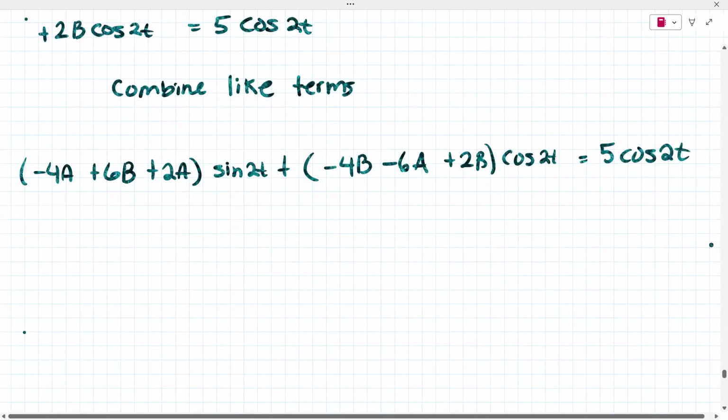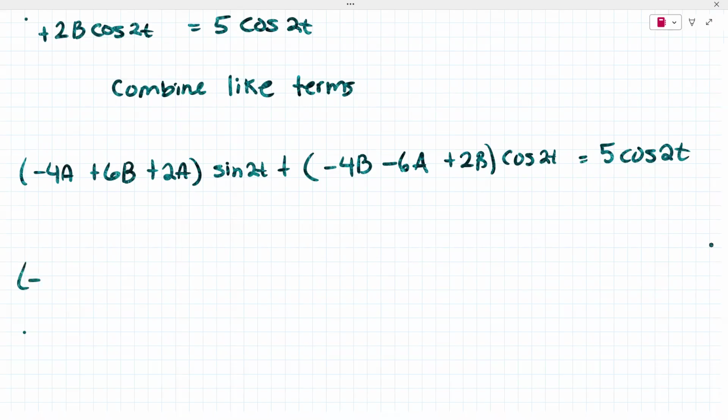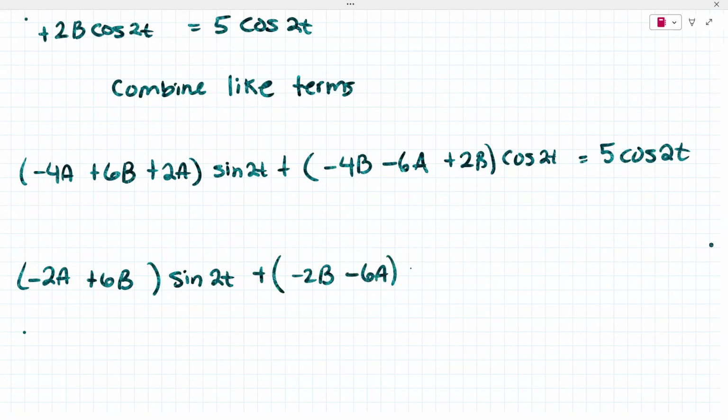And when you simplify that even more, it becomes negative 2a plus 6b times sine of 2t plus negative 2b minus 6a times cosine of 2t equals 5 cosine 2t.